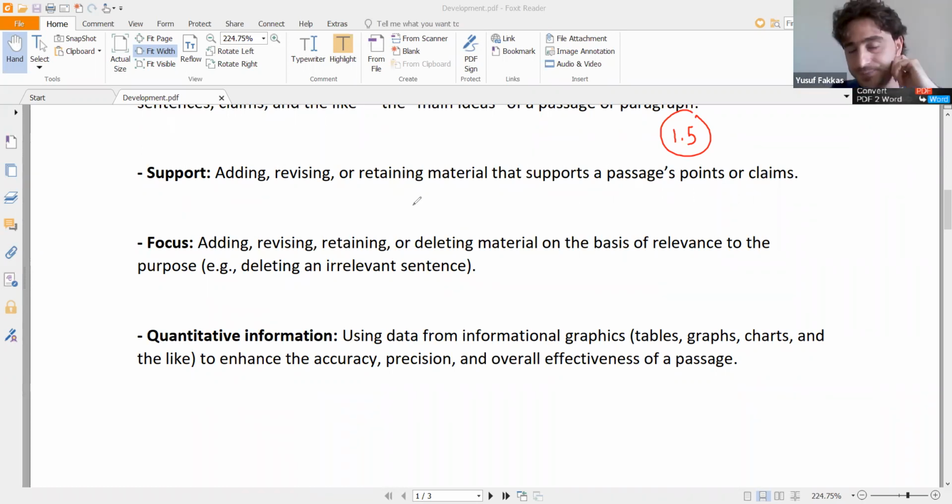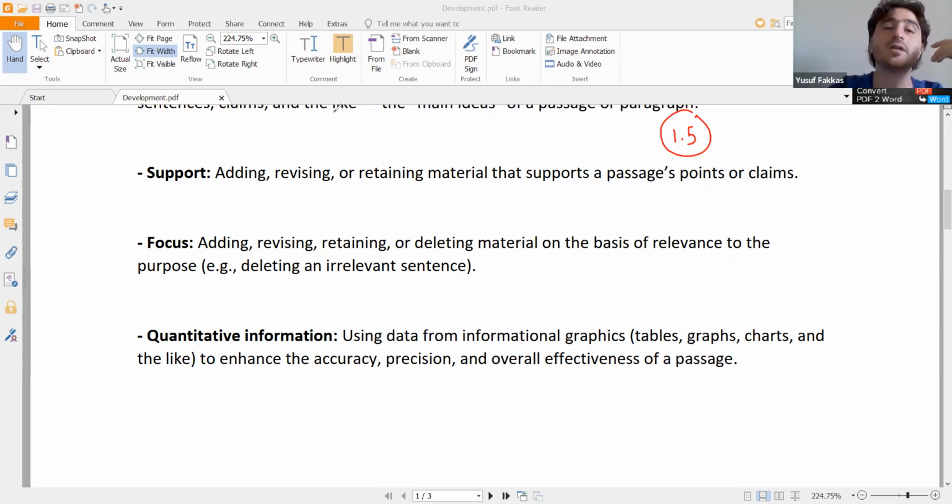So it's wrong. Sometimes it supports the paragraph, but the numbers are different, so it's also wrong. So I should make sure that my sentence is doing two things at the same time when it comes to graphs. It supports the main discussion that's happening in the paragraph, and it's accurate according to the statistics and data that we have in the graph.